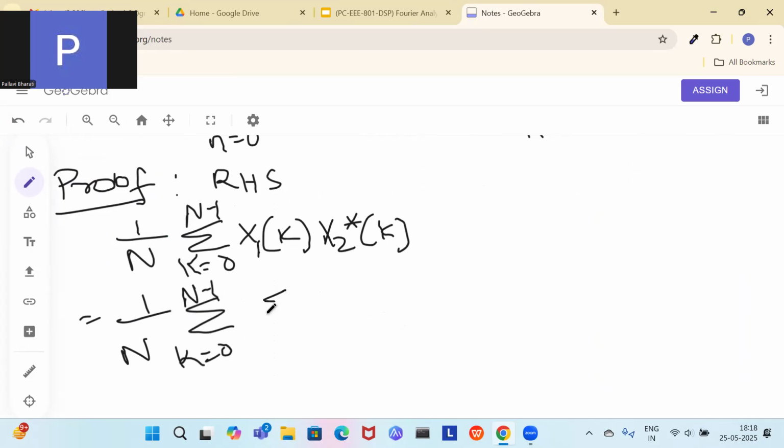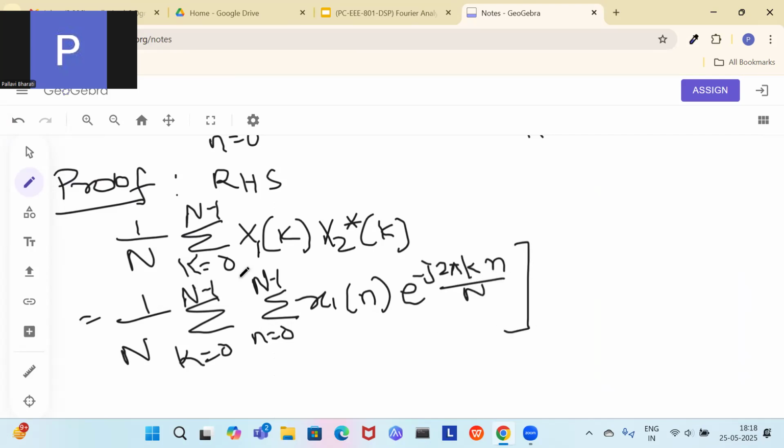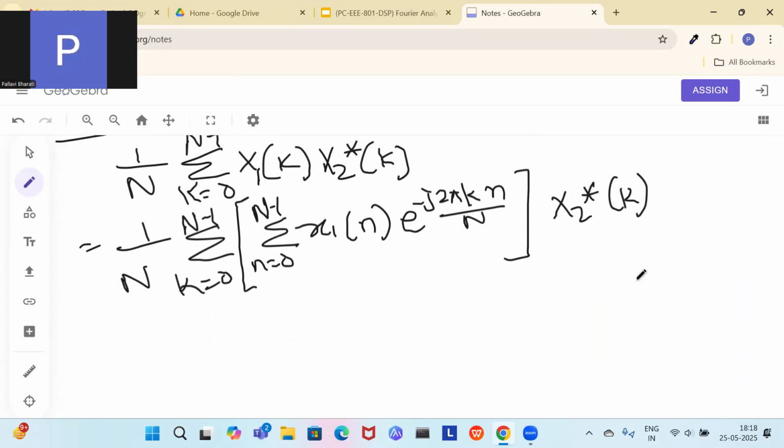It is going to be summation n equals 0 to N minus 1 of x1n e to the power minus j 2 pi k n by N. And outside of this, you have x2 star k.